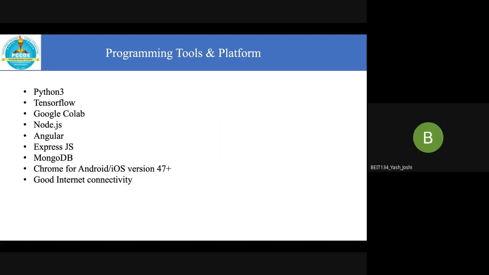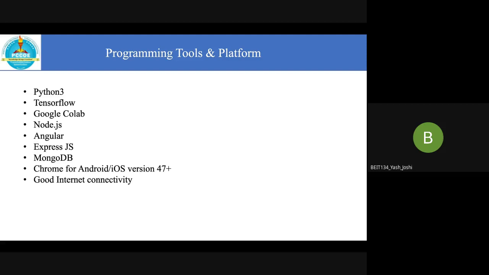So the tools that we have used for the complete development: the basic programming language used to train the model was Python, and we are using TensorFlow with Keras at the backend. Since our laptops are not graphically intensive, we are using Google Colab's GPU to train at a higher rate and get better efficiencies.